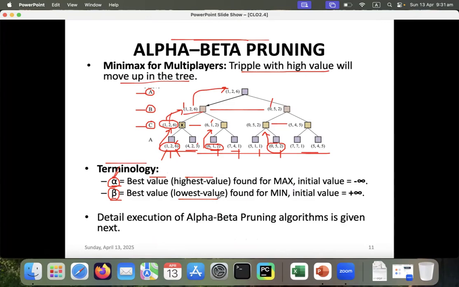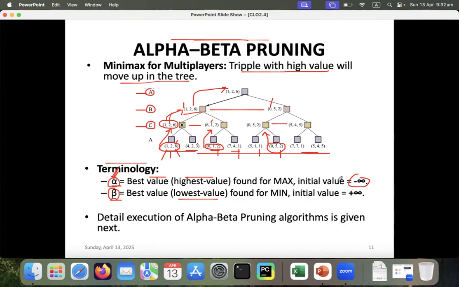And if beta is for the min player, then we will try to find its best value, which would be the lowest value, the minimum value. The initial value for alpha would be minus infinity. Initially, the value of alpha would be the lowest value, and then it will try to raise its value up to the maximum.